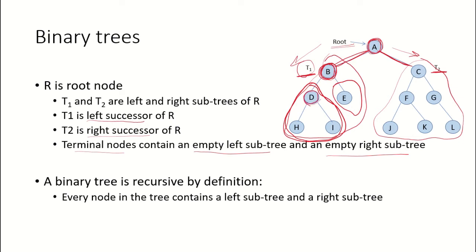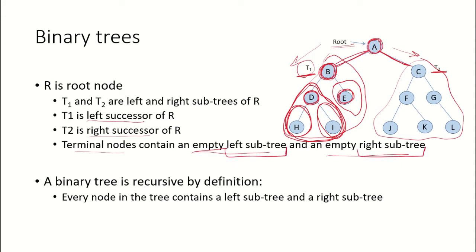If we look at node D, then again it has one left subtree with H and one right subtree with node I. Similarly, E also has a left subtree which is null, which is empty, and a right subtree as well, which also is empty. So all the leaf nodes will also have left subtrees and right subtrees.